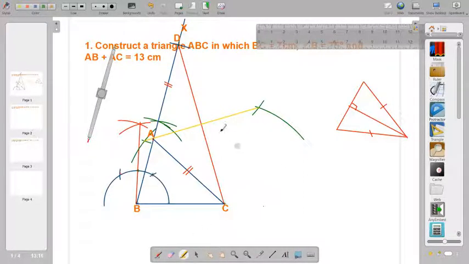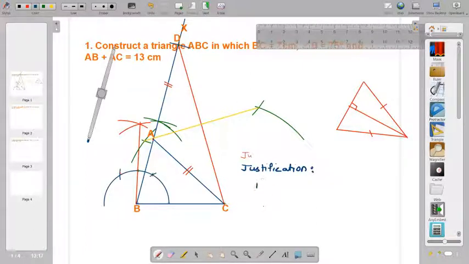Justification. First, AB plus AC equals 13, we have to get.